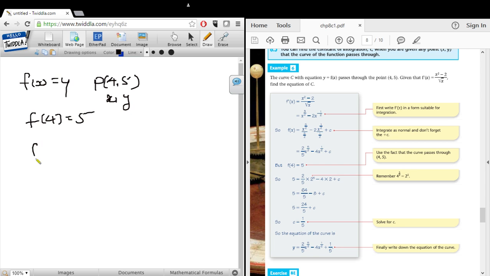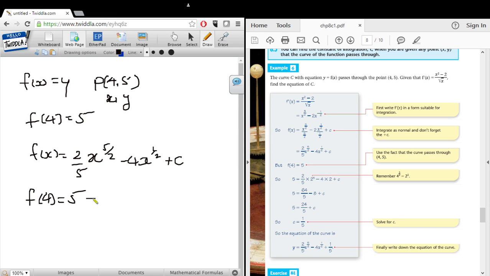Well, when you have f(x), and in this particular situation it's 2 over 5 x to the power of 5 over 2 minus 4x to the power of a half plus c. Then you plug in the 4, you know it's equal to 5.